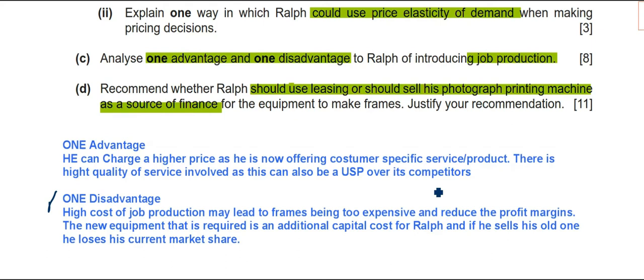So this is the one advantage and one disadvantage that you can give in detail. You should try to make sure that you divide, because this is for 8-mark questions, so you can focus on 4 marks for one advantage and 4 marks for one disadvantage.